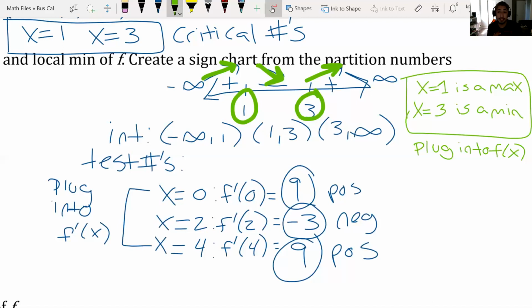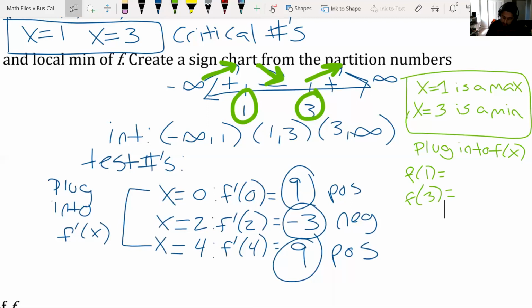The reason we plug it into f of x is because we're graphing f of x, based on all the characteristics of the first derivative. So 1 and 3 are critical numbers, and 1 and 3 will create a max and min. Now we need to find the exact location of that max and min. So take 1, take 3, plug them into the original function: f of 1 and f of 3.